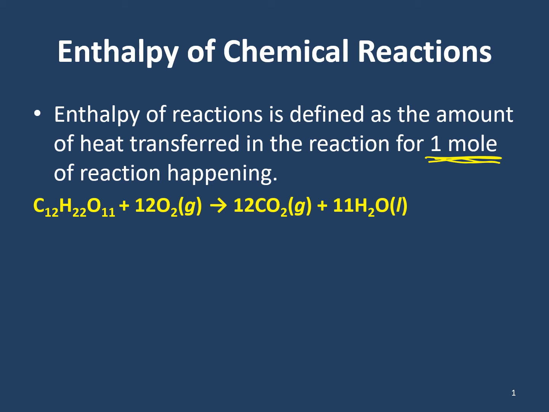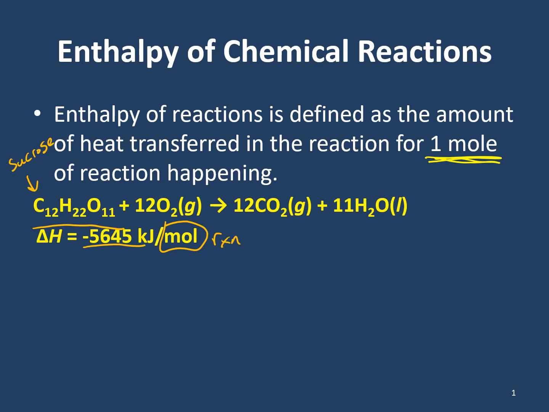So if we have this reaction, which I think is actually sucrose, which is sugar, so this is like a combustion reaction of sugar. It has a delta H of about negative 5,645 kilojoules per mole. Now this per mole here is per mole of reaction, how many reactions occurred.